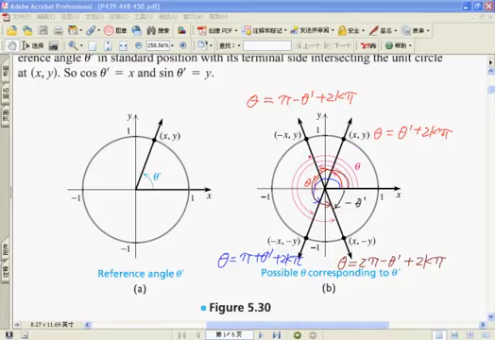If theta is in quadrant 2, then cosine theta is equal to negative x and sine theta is equal to y. And if theta is in quadrant 3, which has theta prime as the reference angle, then cosine theta is equal to negative x, and sine theta is equal to negative y. If theta is in quadrant 4, then cosine theta is equal to x, and sine theta is equal to negative y.